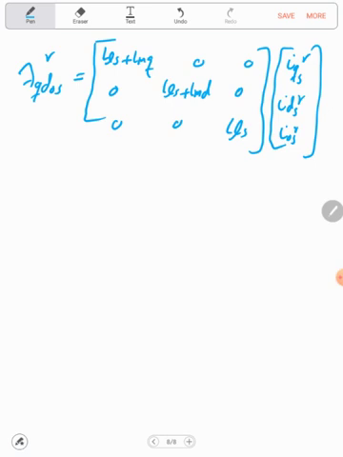Now this is not the whole expression for the flux linkage, because we also have the rotor pointing in the direction of the D axis, so this will be plus the vector 0, λm, 0.